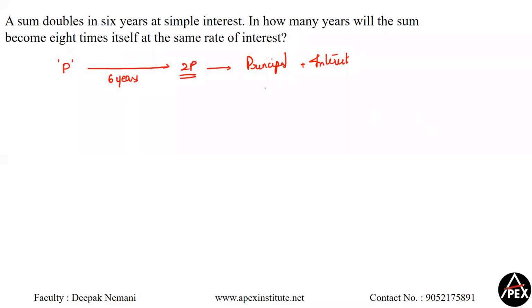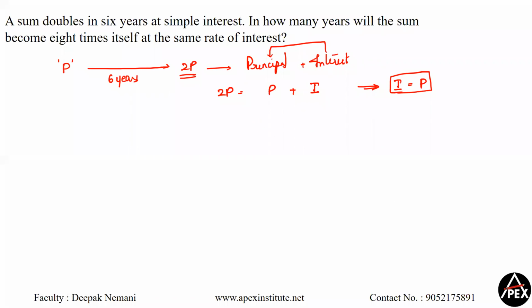Principal is P. So 2P is equal to P plus the interest part. Interest is equal to principal after 6 years. After 6 years, the interest that you receive is equal to the principal amount. Clear, guys? Any doubts? Quick responses.